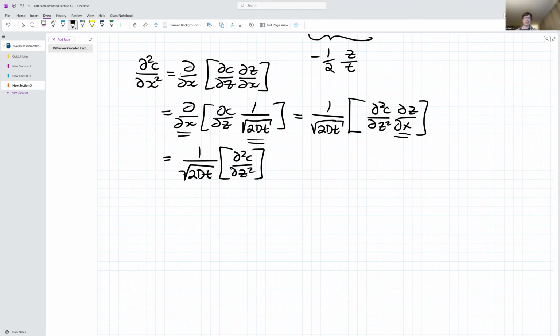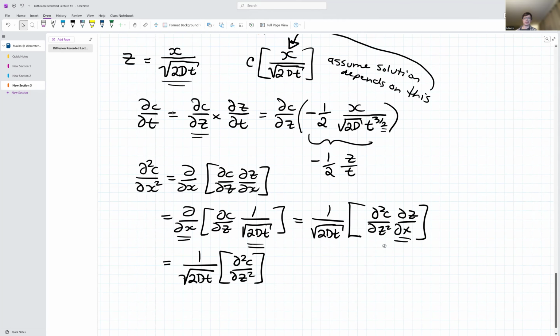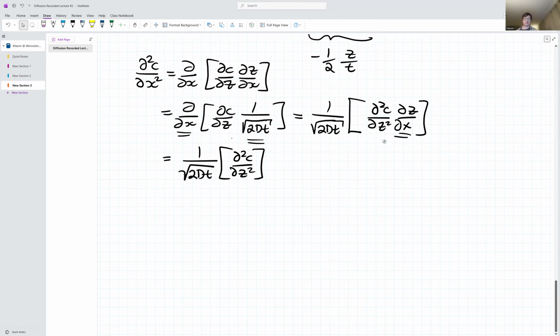So dz/dx, the derivative just gets rid of this x, so you're left with another factor of 1 over square root of 2Dt. So in the end, you have 1 over 2Dt times the second derivative with respect to z squared.